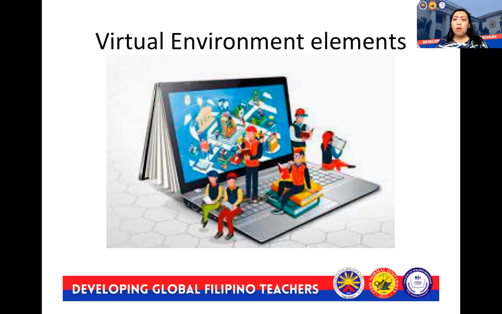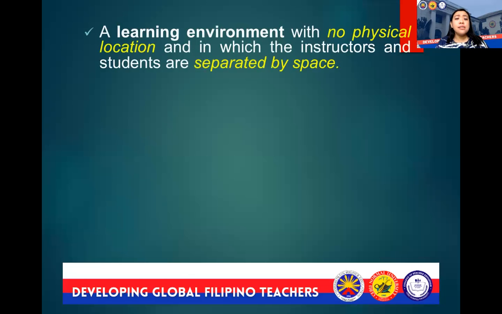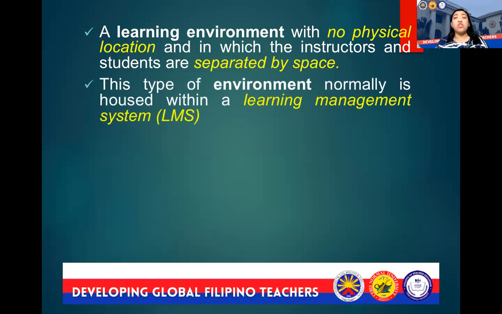What does virtual environment really mean? It means that it is a kind of environment wherein there is no physical contact or location or space. So the teacher or instructor and the students are separated by space. And there is even a separation of time, because sometimes we learn synchronously and asynchronously. We'll go to that later.